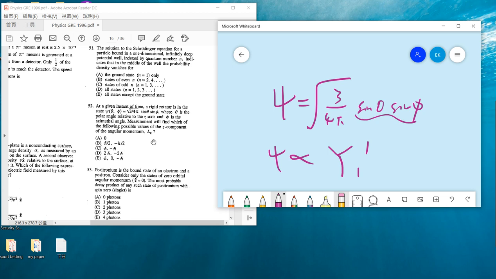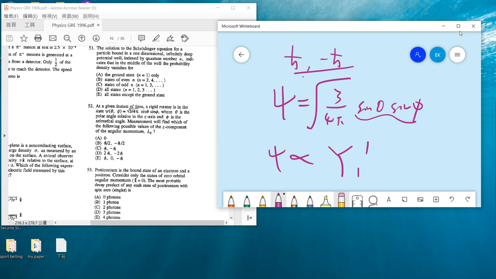It asks what the possible z is, and this is Y11. So the possible z is h bar or minus h bar. The problem is difficult in that if you don't know that this is spherical harmonics, then it's very difficult for you to find the answer.